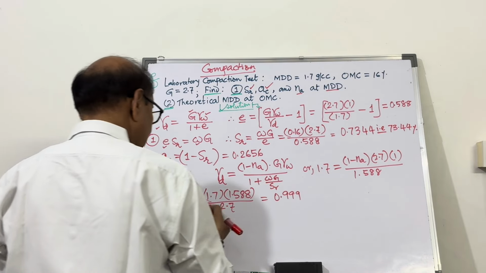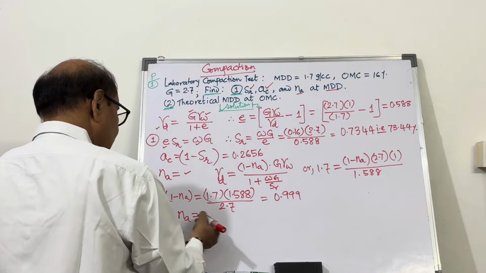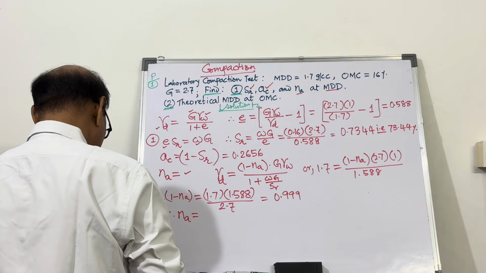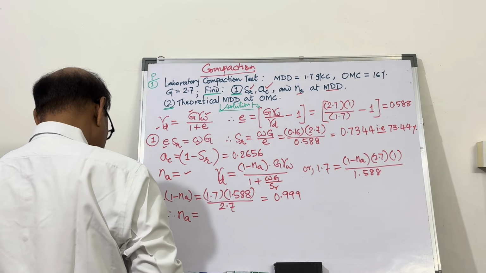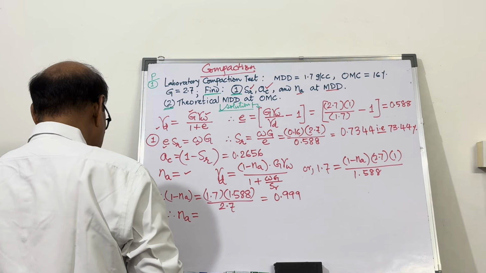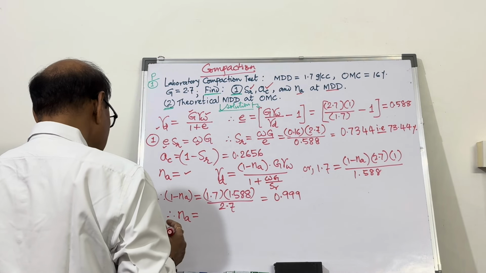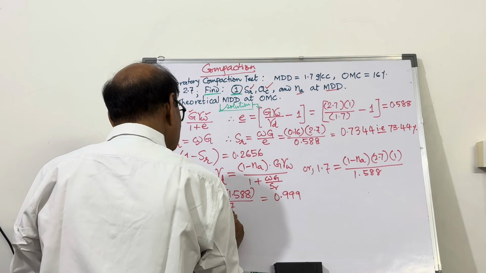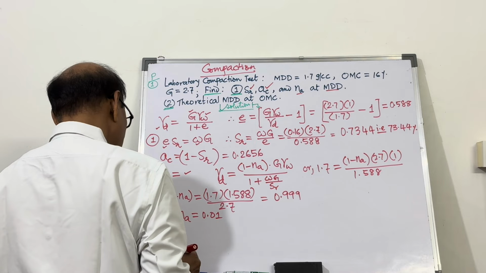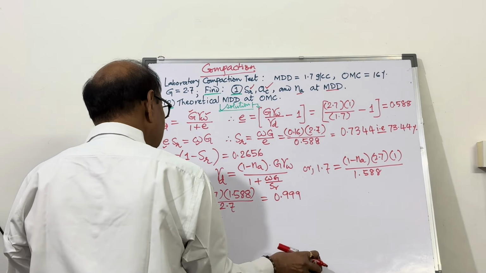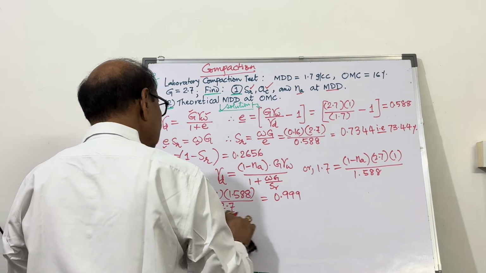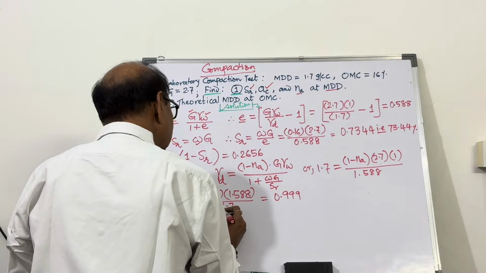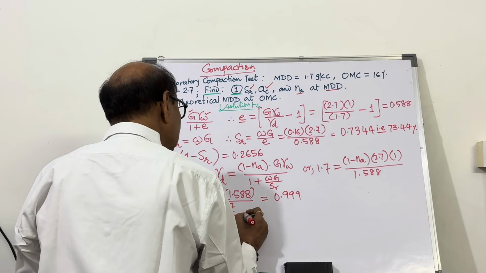If you calculate, first it is going to be 1 minus 0.999, this gives you 0.001, that is 0.1 into 10 raised to minus 3.